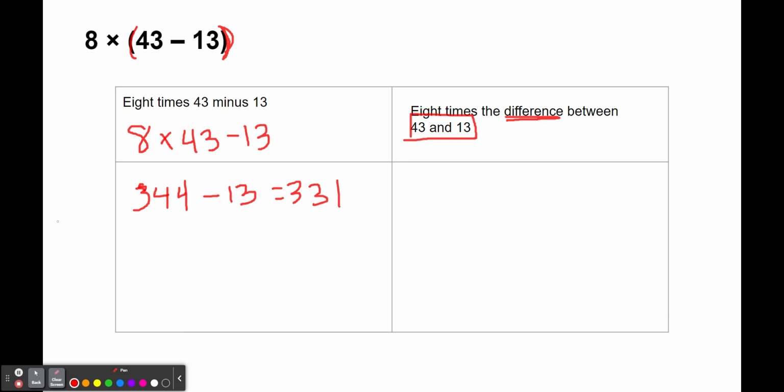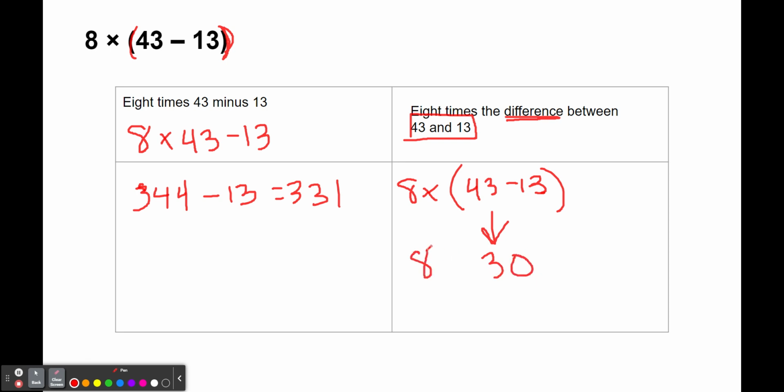So let me do 8 times the quantity 43 minus 13, because it's telling me what is going on. I have to do what's in the parentheses first, because that's what we're taking the difference of. So this 43 minus 13 is going to be 30.